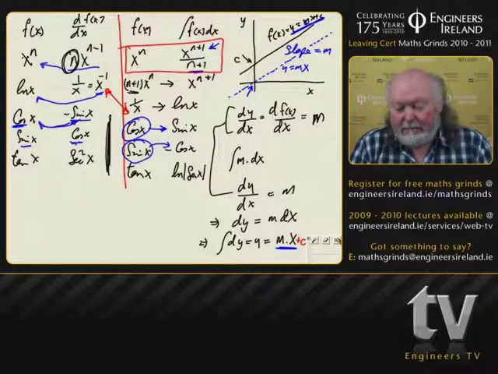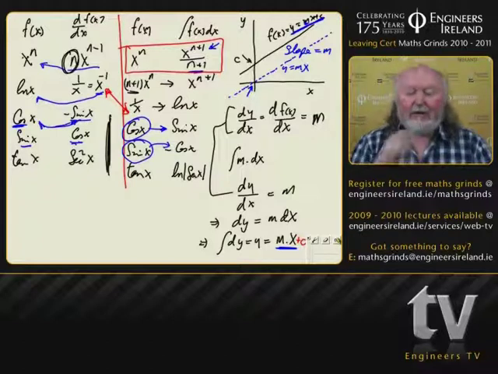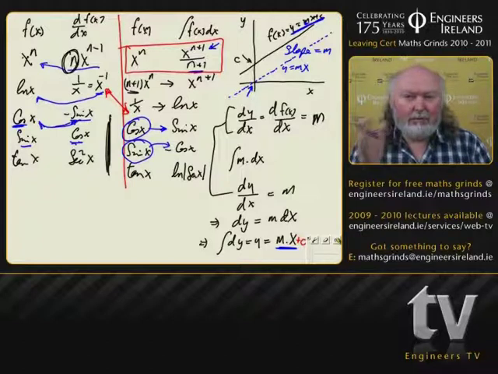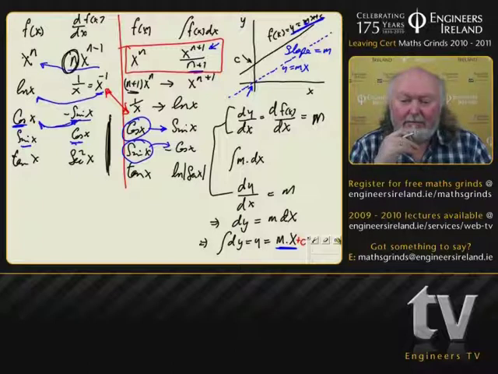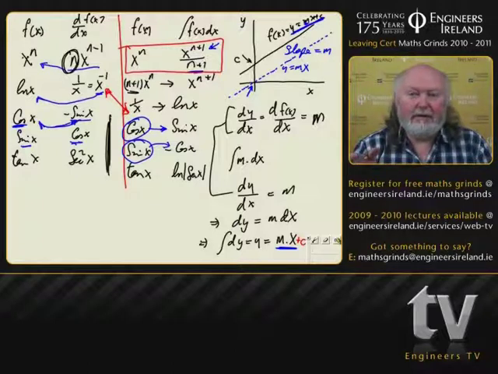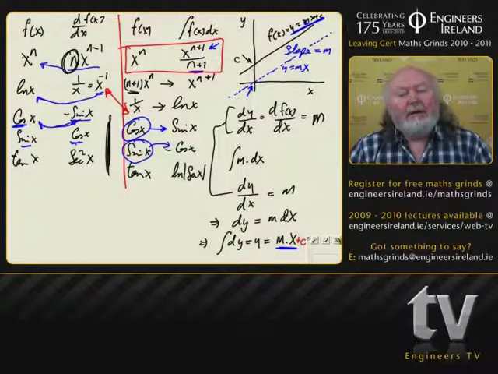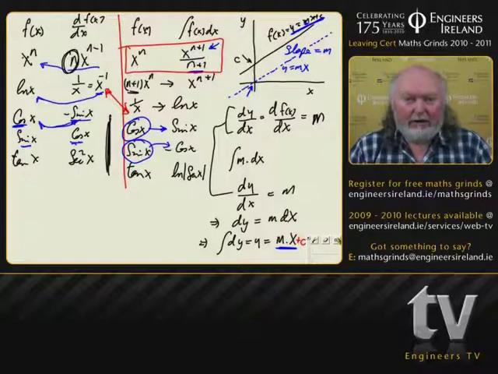The reason I'm starting here is later on when we're looking at rules for dealing with quotients, where a function is divided by a function. You're generally supposed to use either all or part of the lower part as the u for a substitution.